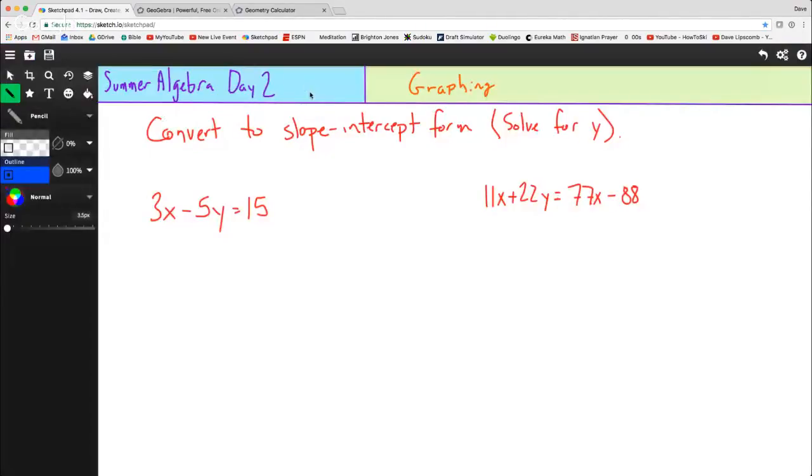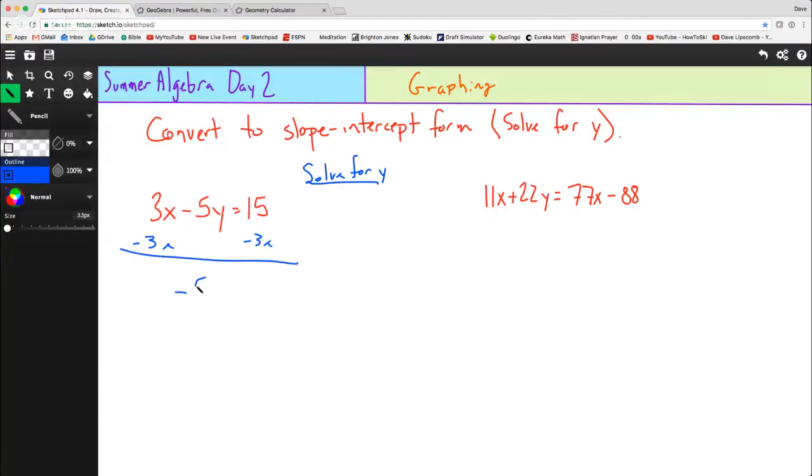Okay, so let's convert these to slope-intercept form. So remember, this is just like we did in lesson 1. We talked about this is like solving for y. It's rearranging formulas. So to do that, we have to get our x on the right. So we'll subtract 3x from both sides.